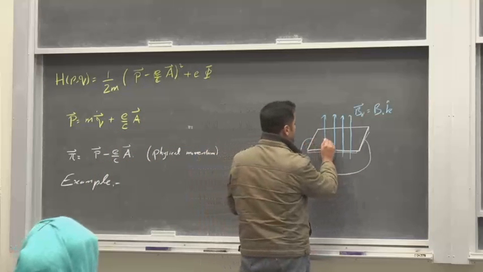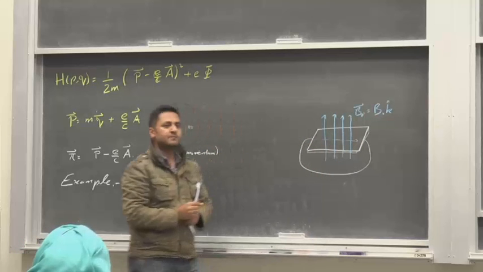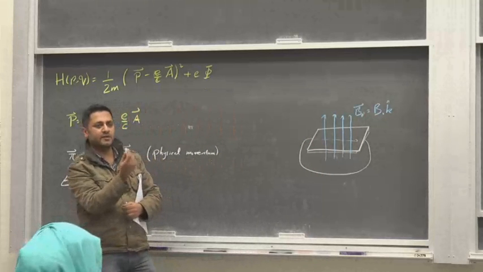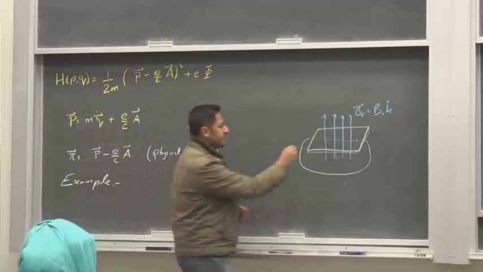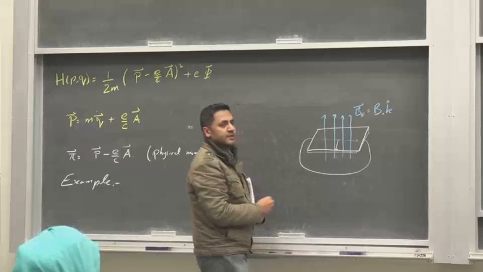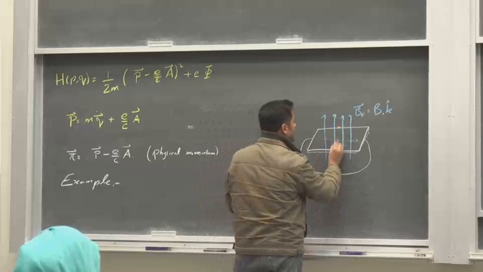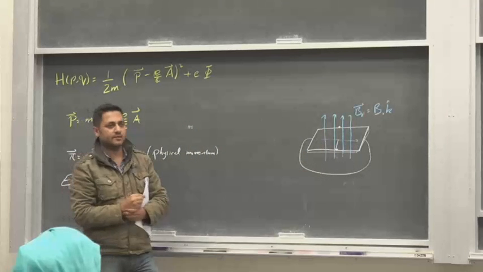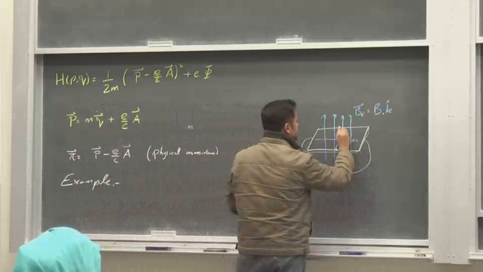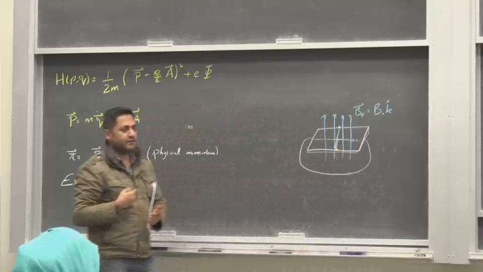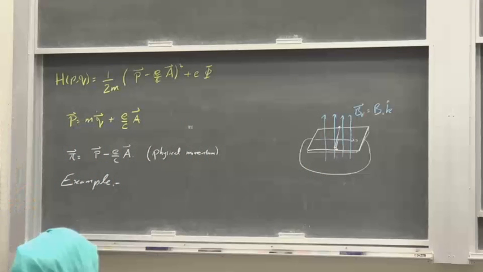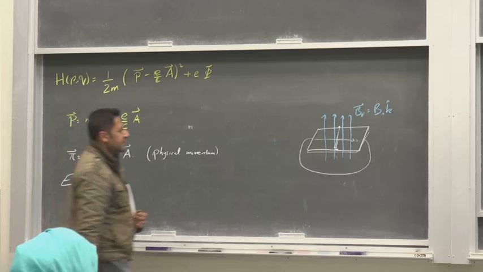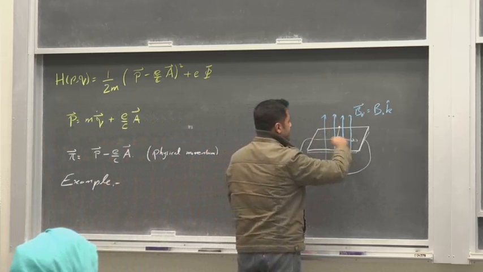Electrons are trying to move this way but you have a perpendicular magnetic field, so they feel a drift in this direction, and you measure a Hall voltage across this direction. Okay, this is X, this is Y. You apply electric field along X, you feel a Hall voltage along Y because electrons are feeling a force over there. You measure a current across this cross section.